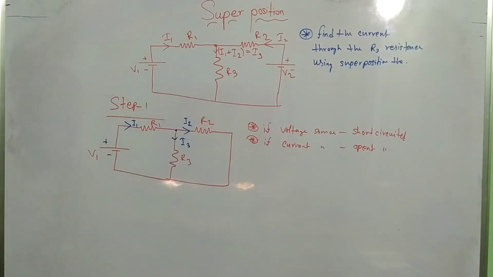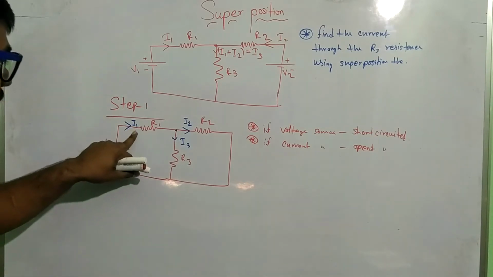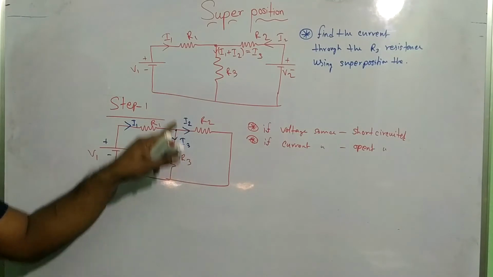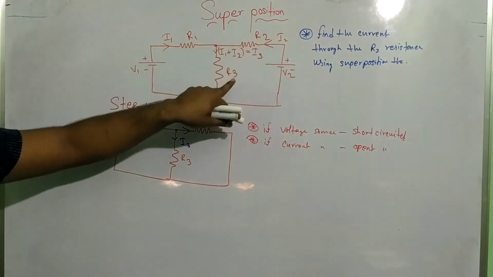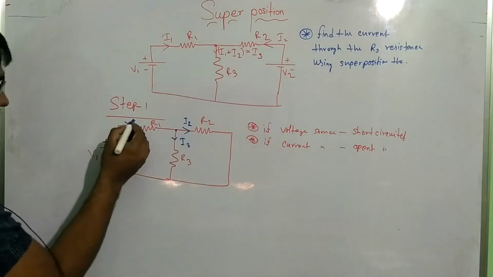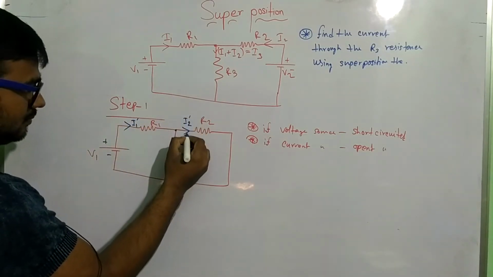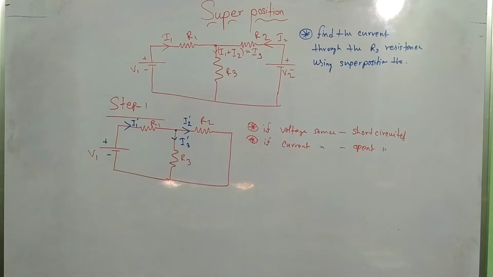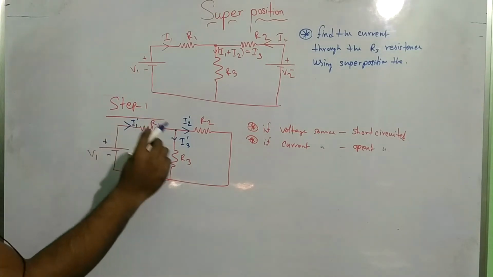When you solve the superposition theorem, you always use the same naming of the current: I1, I2, I3. Only you take a dash. If you do like that, you won't make a mistake in any step. So try to solve this way.